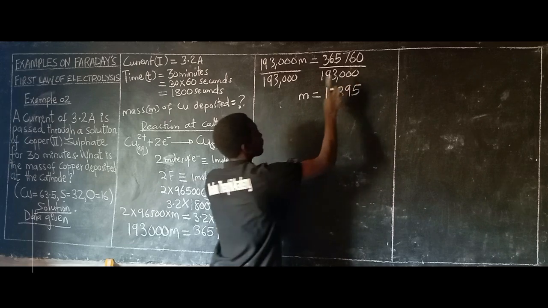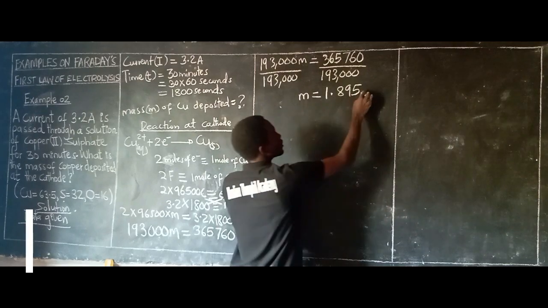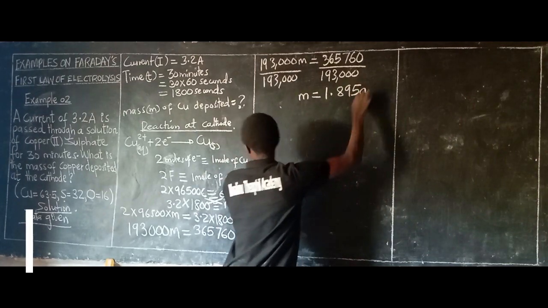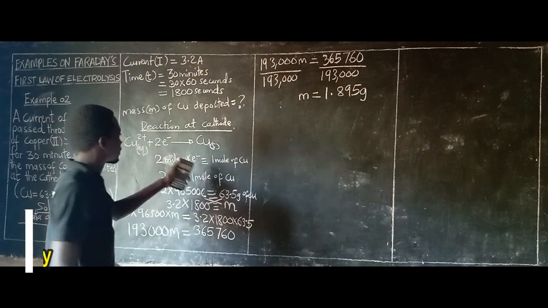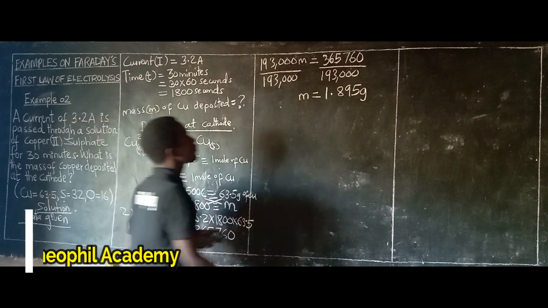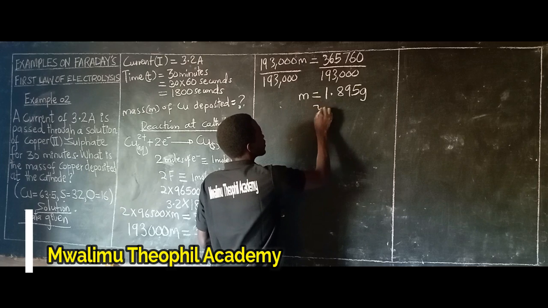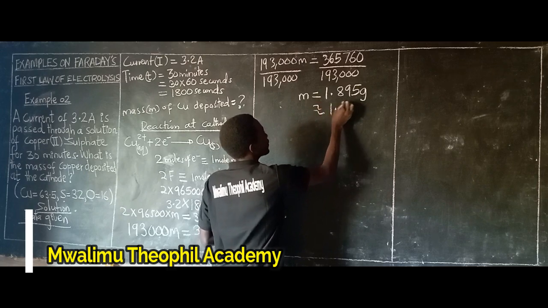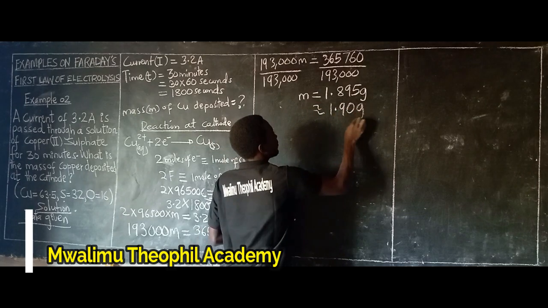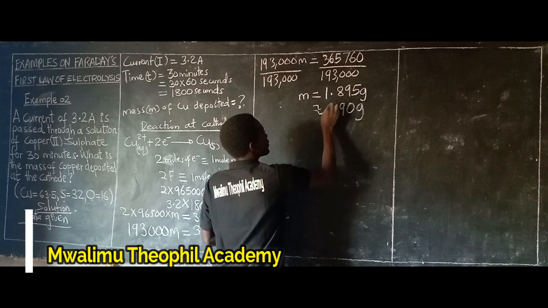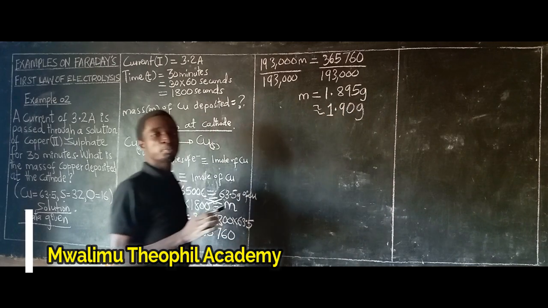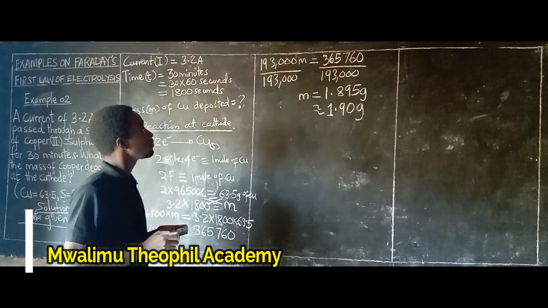This is the answer. Remember this is mass, so it is in gram, as all data used in forms of mass are in gram. So even the final answer will be the mass in gram. When you approximate this value, you get 1.90 gram. So this is the mass of copper which will be deposited at the cathode.